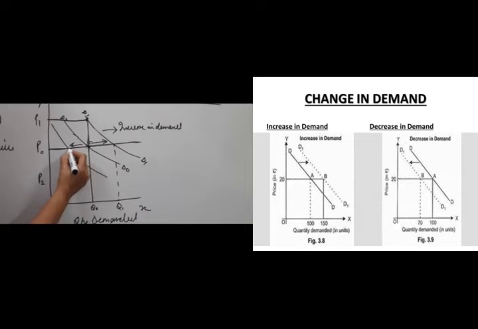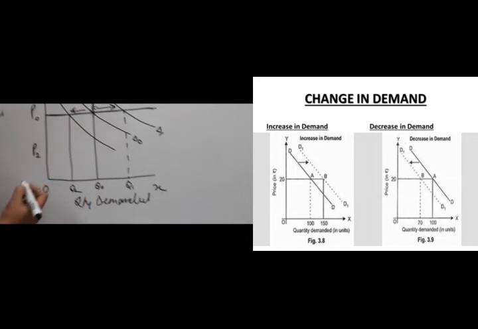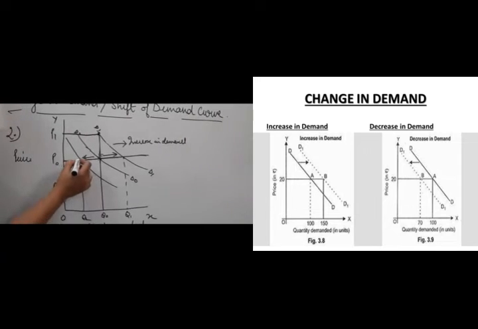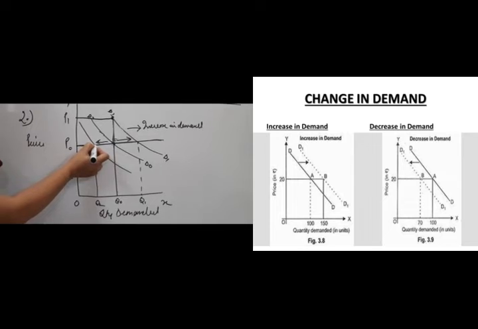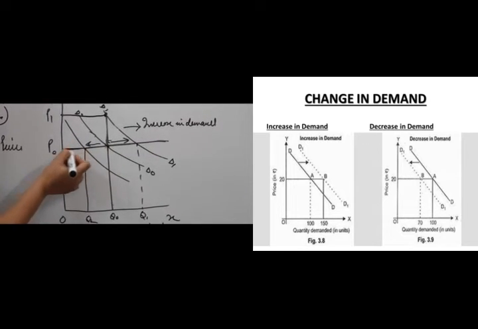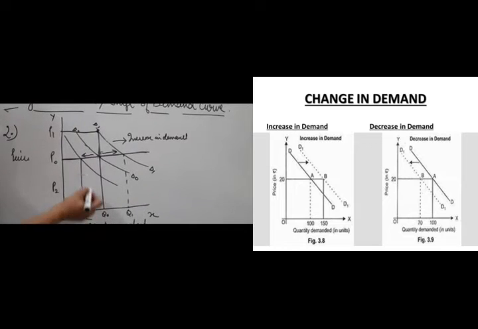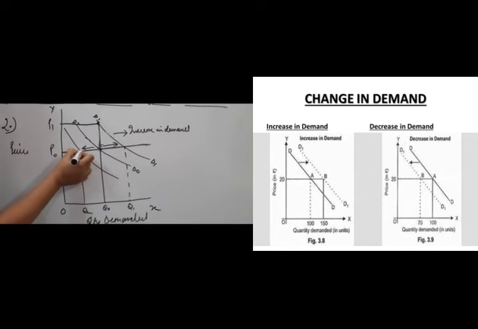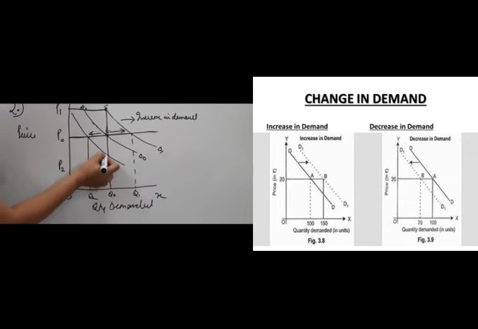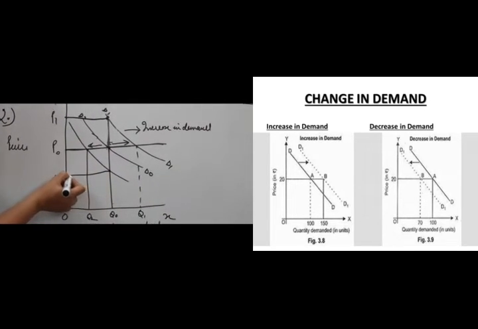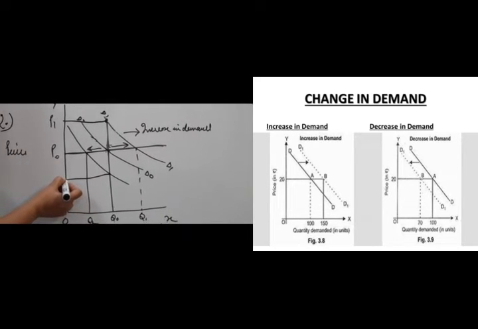Now the new quantity demanded is OQ2, right? We can also say that when there is a backward shift in the demand curve, the new quantity demanded at P0 price is OQ2, right? Decrease in demand also means that the same quantity, that is OQ0, will be demanded at a lower price. Do you get that? Is it clear, children? Right?